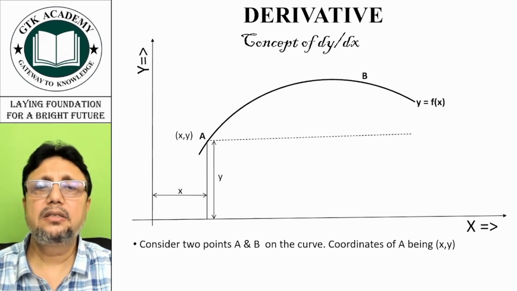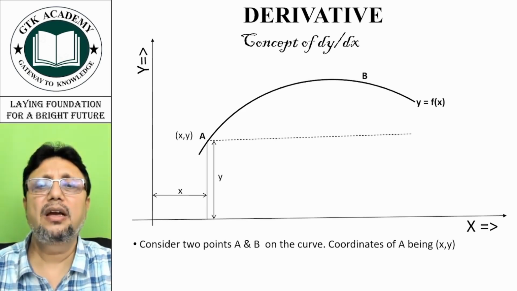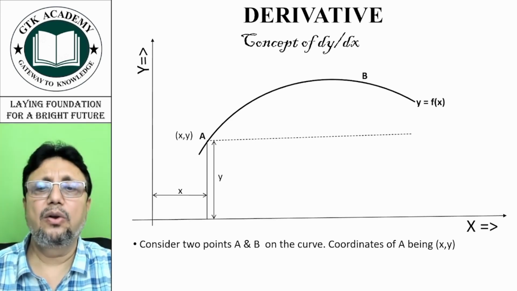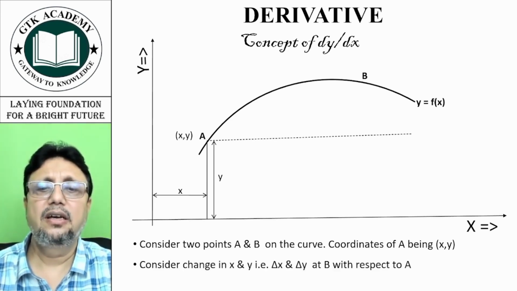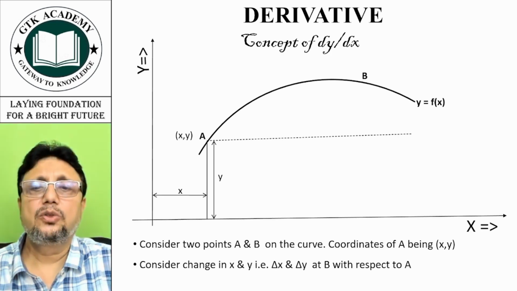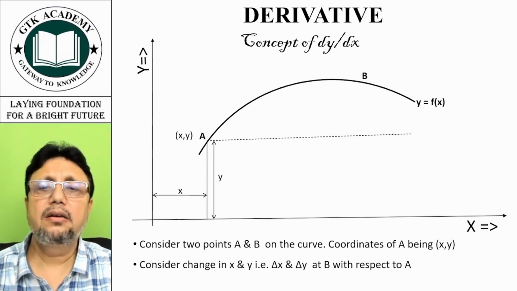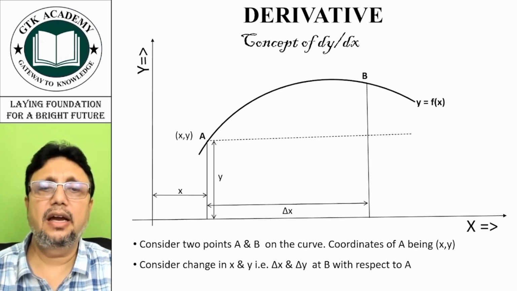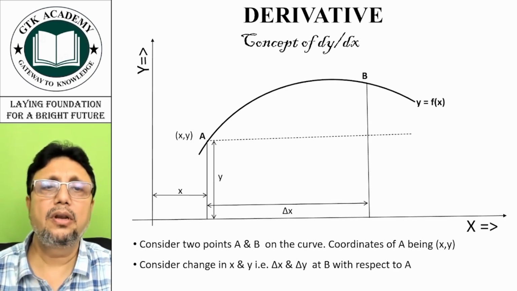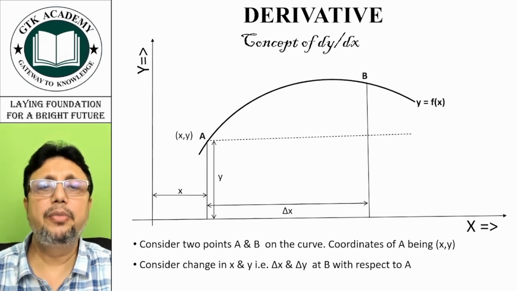Now B is slightly ahead of A, very close to A. See, if you just make some change in x, say, x plus delta x. So that means if you make delta x change in x and then you draw perpendicular, it will cut the curve at B.